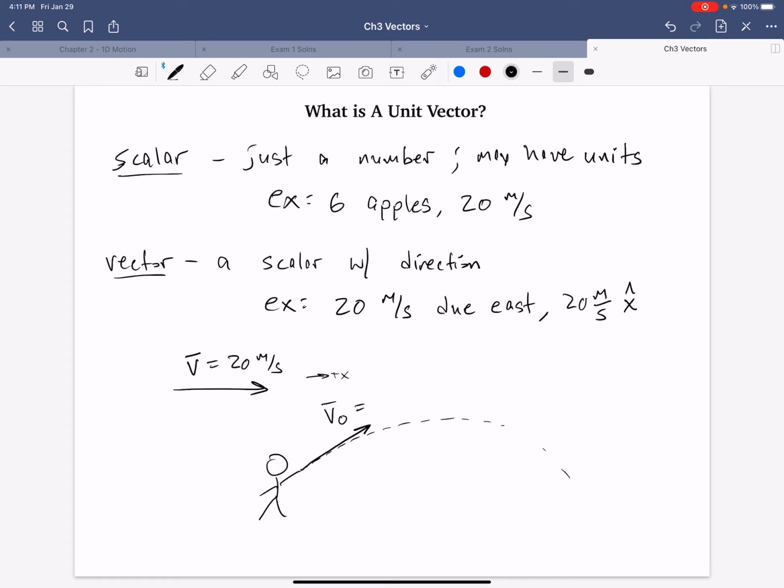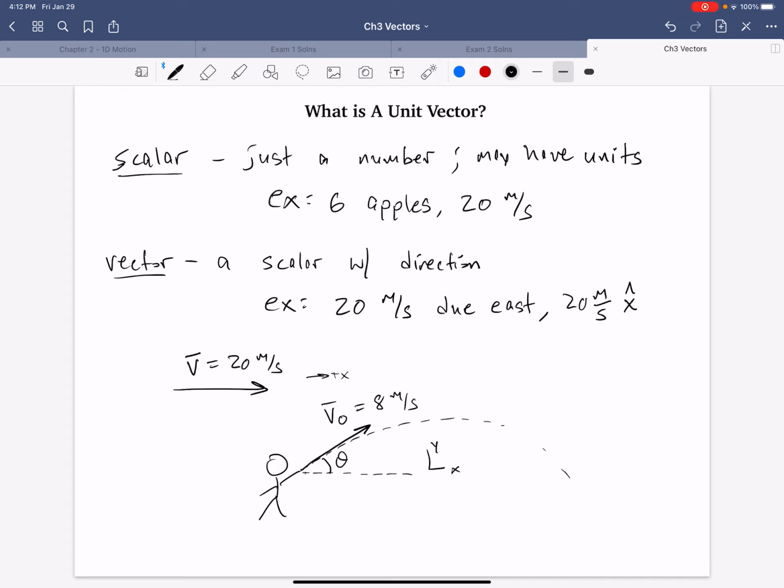Let's say he throws it 8 meters per second. That's actually pretty quick. But we need a direction. Well, typically we specify the direction in this case as so many degrees above the horizontal, which normally would be the x direction. So that's another way to specify direction.